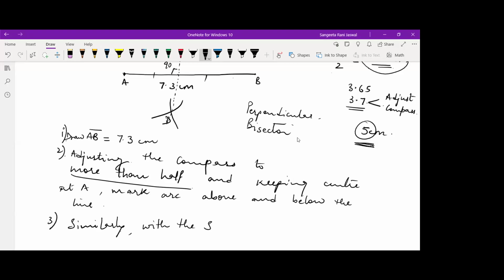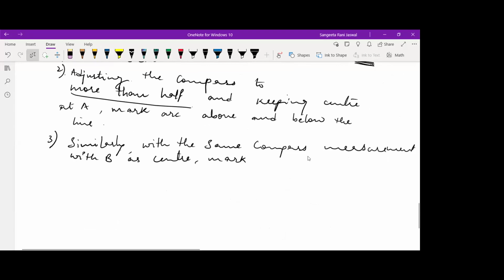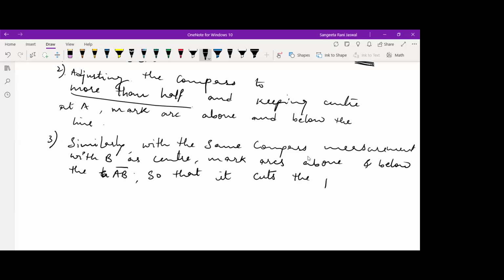Similarly, with the same compass measurement, with B as center, mark arcs above and below the line in line segment AB, so that it cuts the previous arc.